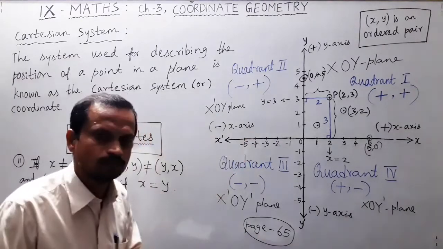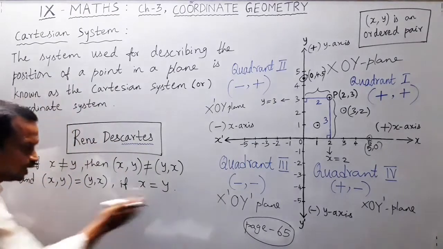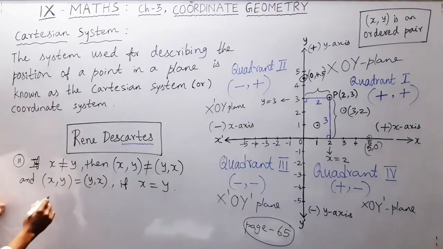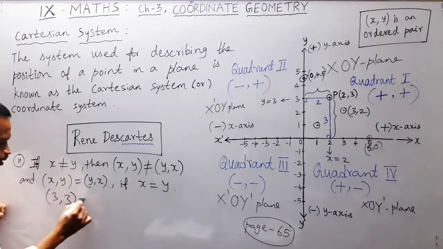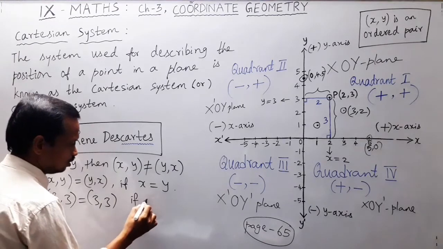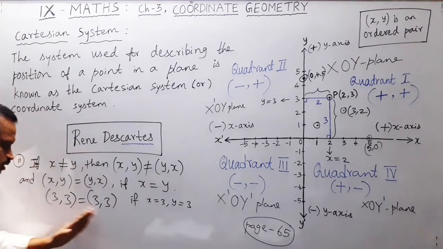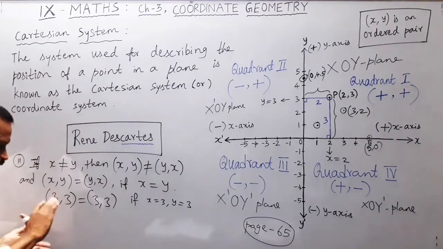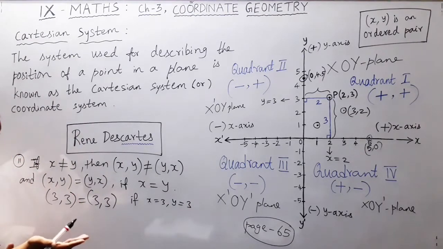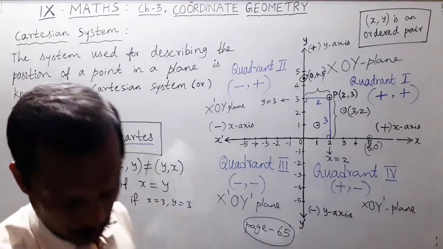So in such condition, if x equal to y, then for example 3 comma 3 equal to 3 comma 3. If x also 3, y also 3, then we can say both points are equal. If you change the order, x comma y equal to y comma x, 3 comma 3, 3 comma 3, both are equal when both x and y are equal. So this is the explanation of the point.